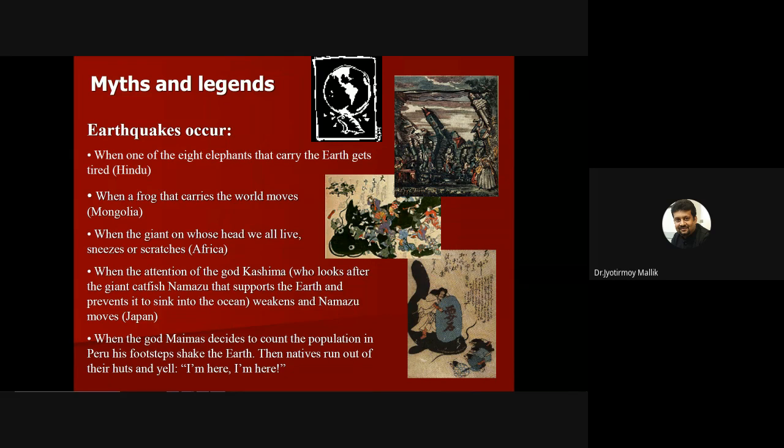In Mongolian mythology, people say when a frog that carries the world moves, you have an earthquake. In African mythology, when a giant on whom we all live sneezes or scratches, we have an earthquake. In Japanese mythology, when the attention of the god Kashima, who looks after the giant catfish Namazu that supports the earth and prevents it from sinking into the ocean, weakens, Namazu moves, and that is when you have an earthquake.